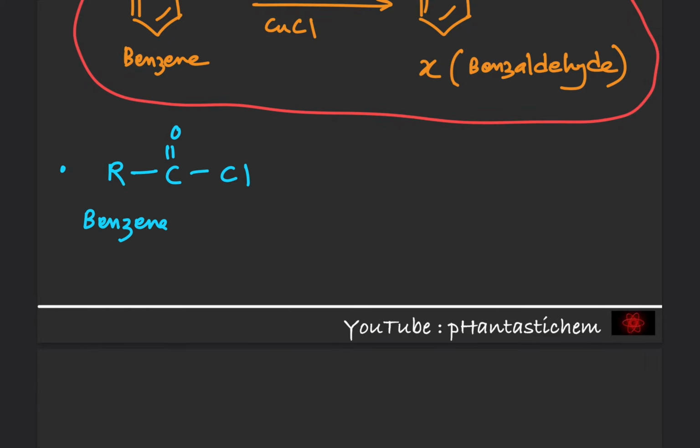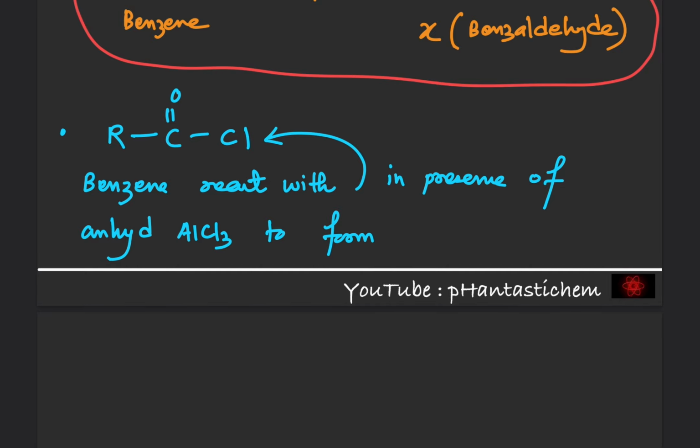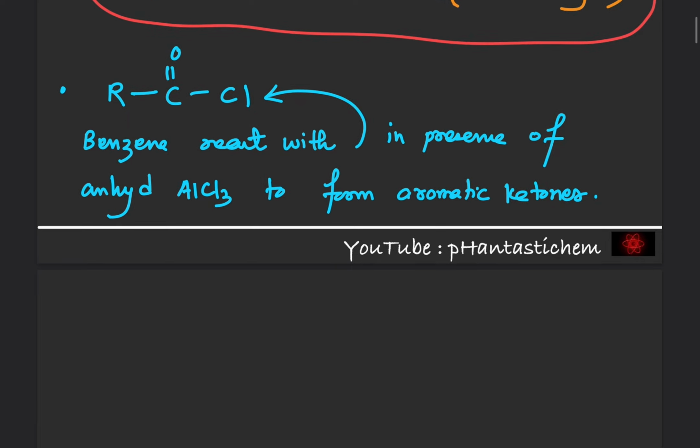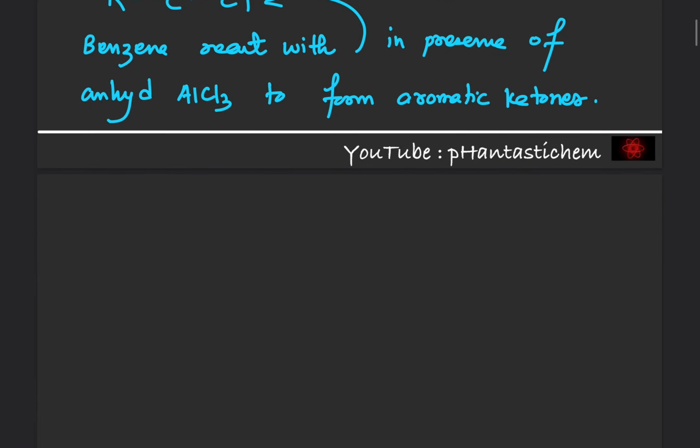Benzene reacts with these, known as acid chlorides, in the presence of anhydrous AlCl3 to form aromatic ketones. This reaction is very famously known as Friedel-Crafts acylation.